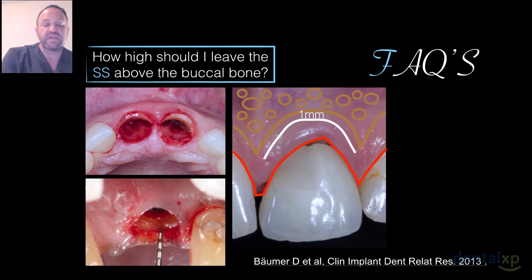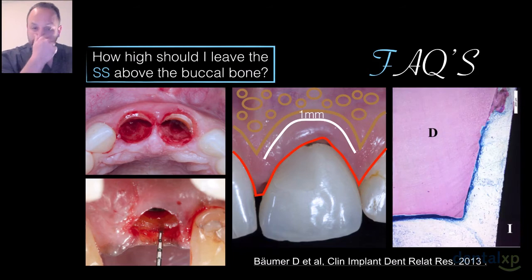And here you can see a close-up photograph of a probe, doing a bone sounding on the buccal to check and see that we've got 1 millimeter between the buccal plate and the gingival margin and the top of the socket shield.